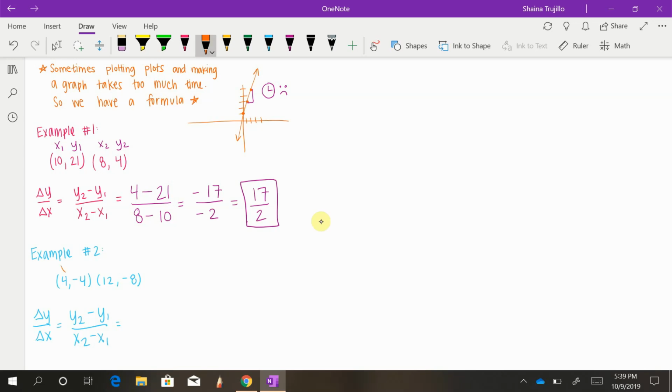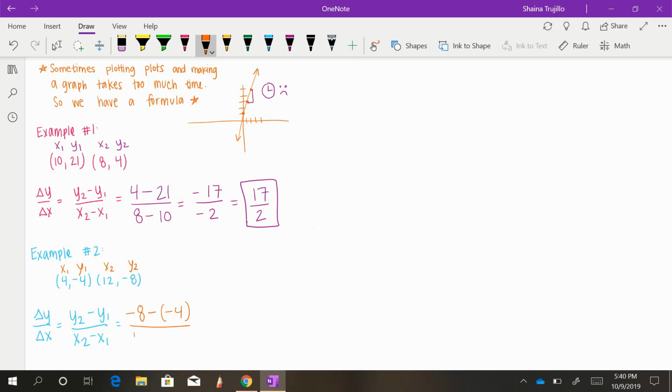Okay, so I'm going to go ahead and label this is my first x coordinate, this is my first y1, this is my second x coordinate, and this is my second y coordinate. Okay, now my second y coordinate is a -8. Now I'm going to subtract my first y coordinate. Oh, well, it happens to be a -4. I'm going to write it just like this.